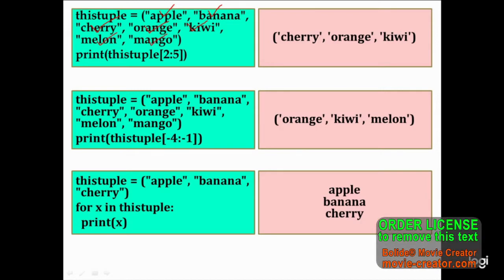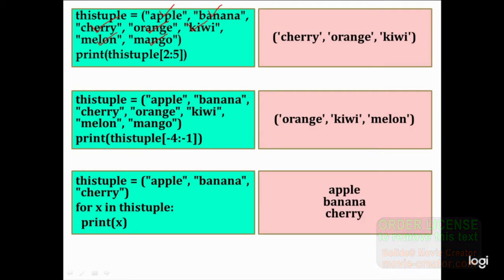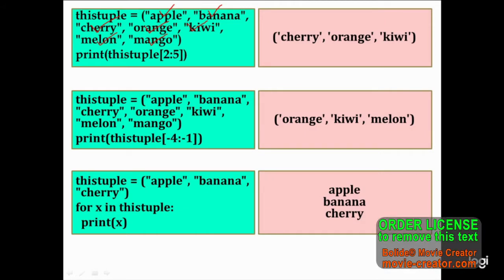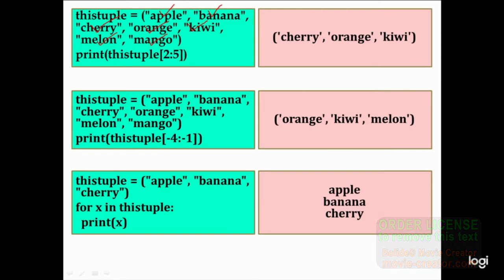You can see the 7 data items are stored here having indexing 0, 1, 2, 3, 4, 5 and 6. Similarly, you can go in reverse order for negative indexing -1, -2, -3, -4, -5, -6 and -7.